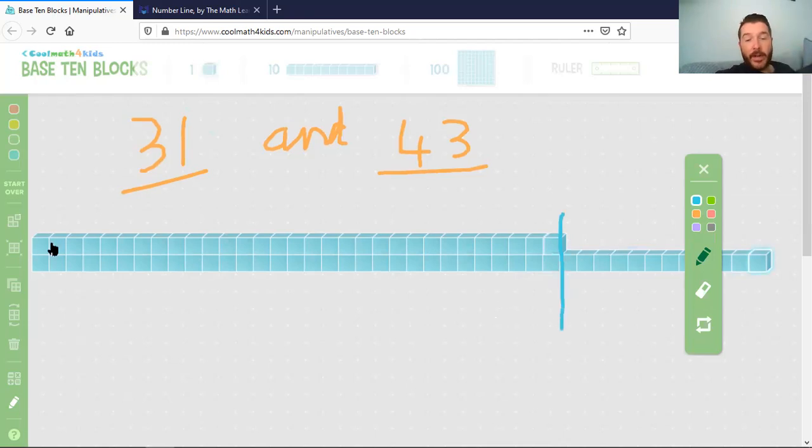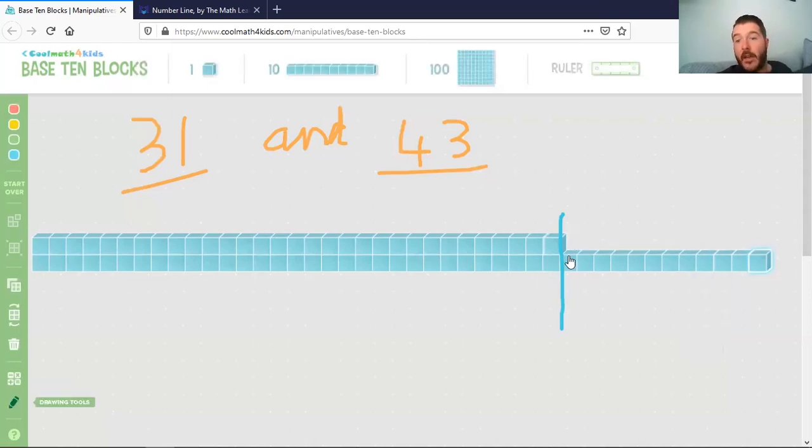So at this point, they should both be 31, and then we can count on the rest. So if we check, they should be the same. Now we can count on the extra to let us know how much bigger one is than the other.